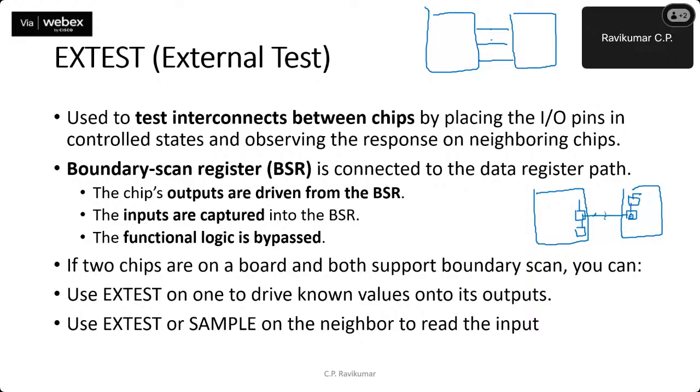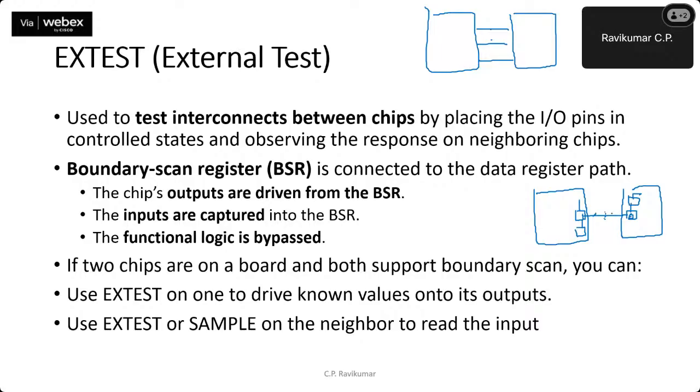And similarly, I should use the shift mode and bring the 0 to this wire, or rather this boundary scan cell. Then I could do a capture in this boundary scan cell, and then I will go back to the shift mode and see what was captured. So if a 1 was captured, then I'm convinced that there is no broken wire here. But if this 0 continues to be there, then obviously there is something wrong, right?